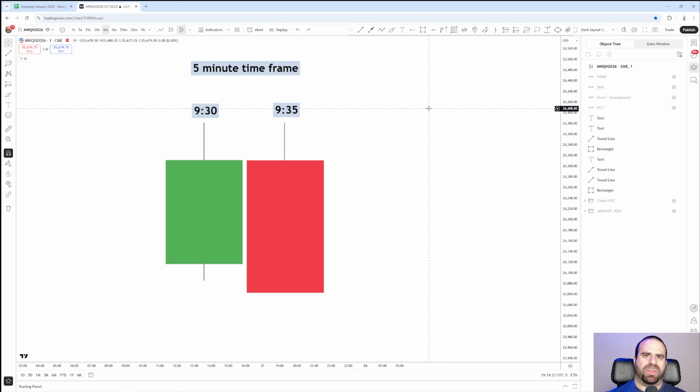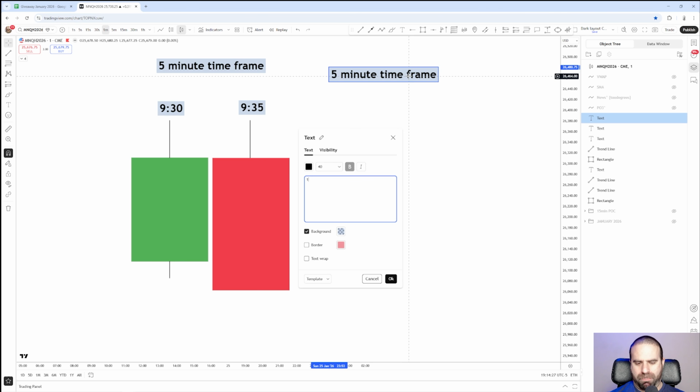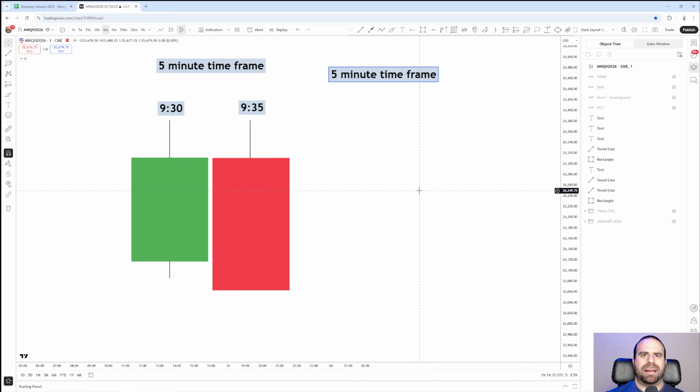First step that we didn't include in the previous video. Number 1, identify your bias. And how do I identify my bias? You can identify your bias in various ways, and synergistically you can use them all together, of course, in order to get a more accurate representation of what the day is going to do, or the rest of the day from when you start trading.